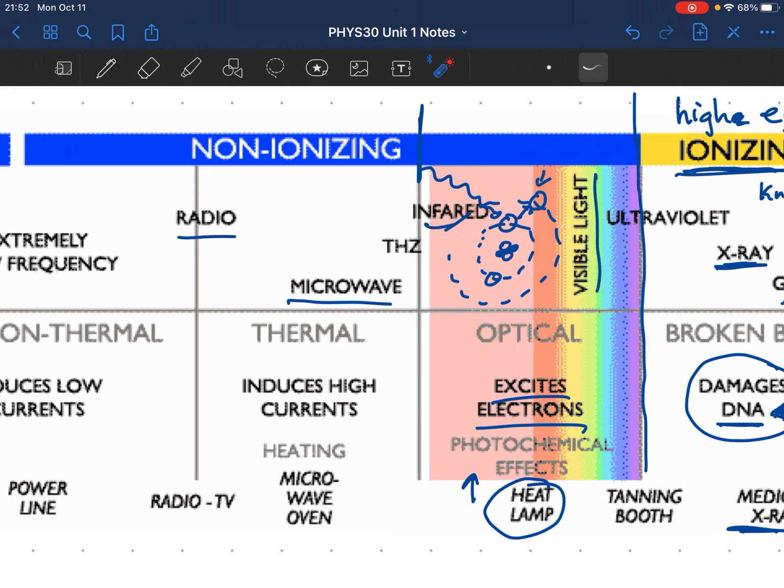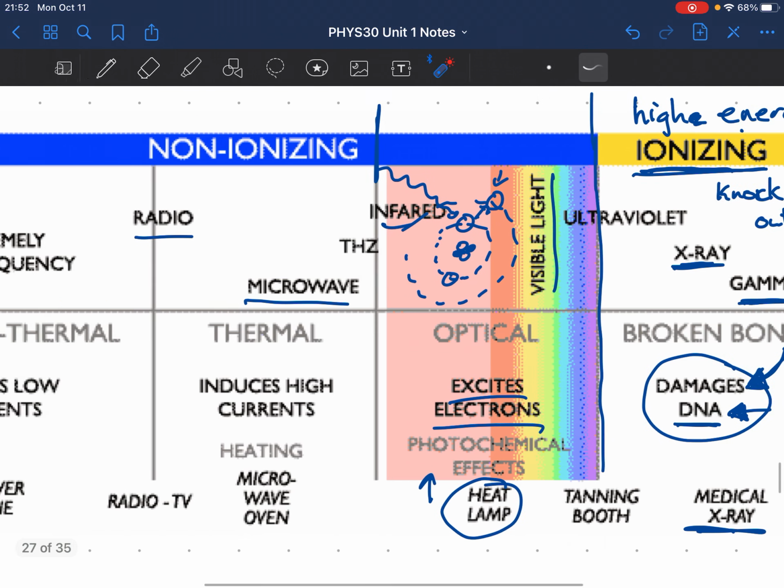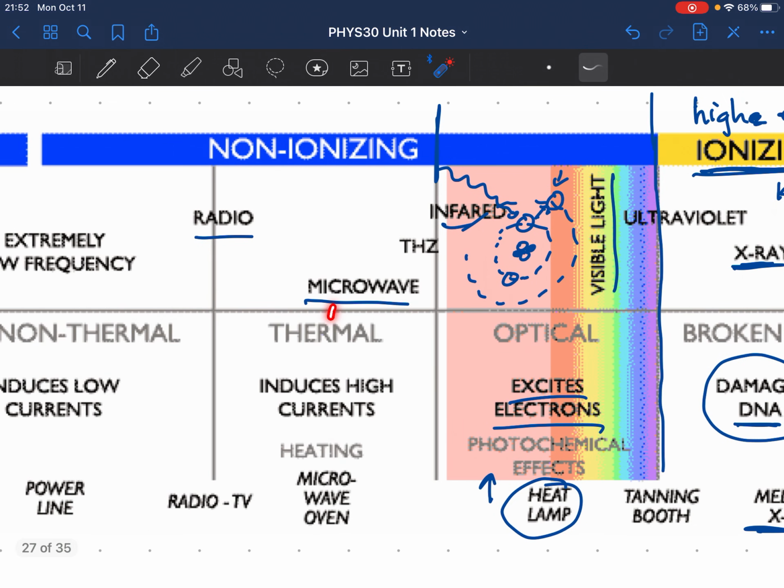So I think it's called coherent scattering. It's where the whole molecule just vibrates more. So you hit it with a microwave and the molecule will vibrate more. So microwaves will not damage DNA. They just make things warm.